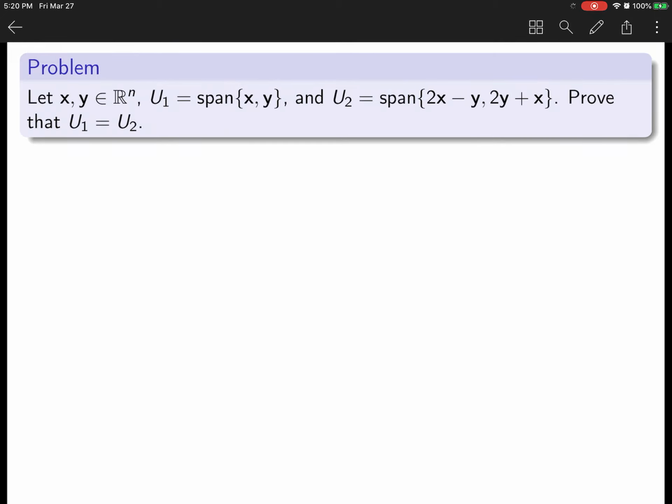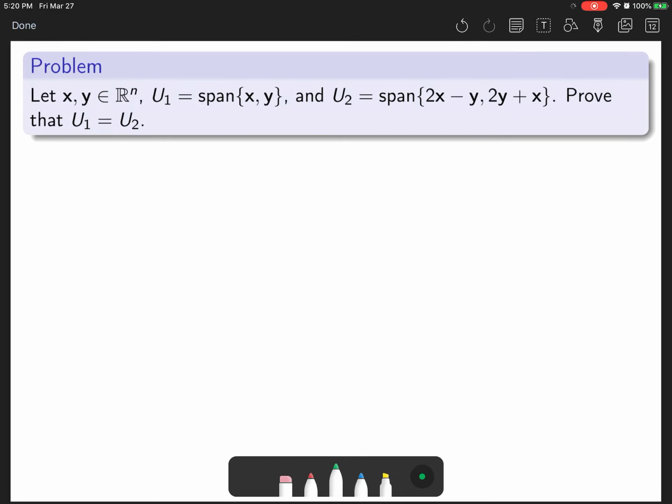All right, we're getting close here. We've got X and Y. U1 is the span of X and Y. U2 is the span of 2X minus Y and 2Y plus X. Prove that they are equal. And there is another lengthy proof here, but honestly, it's more important to me that you understand that if we're creating a space U1 based on the span of two vectors X and Y, all of the linear combinations of X and Y are included in that.